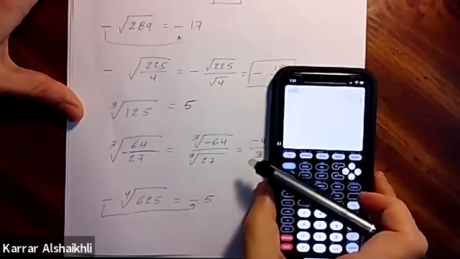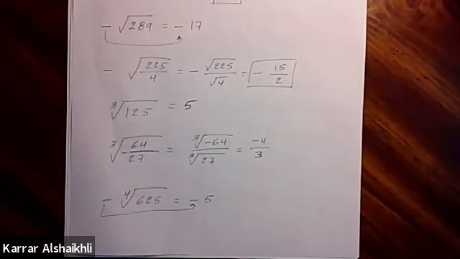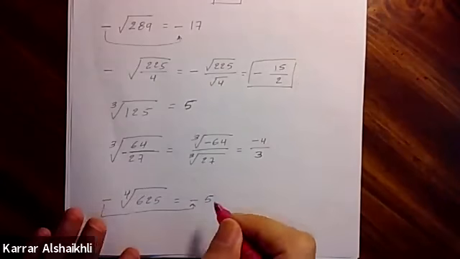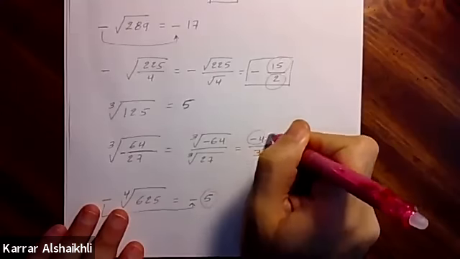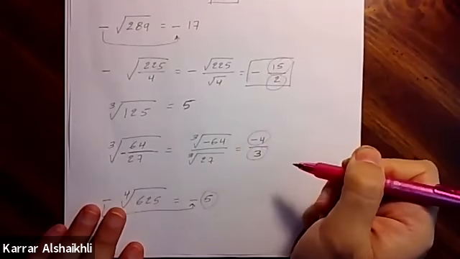Some numbers, you can't find the root when it's a decimal. That's the important thing we're going to learn in the next example. So you see, when I'm using the calculator, I got just a number, like the 5. Here also, I got 15 over 2. Here I got negative 4 over 3. With this one I get 2.